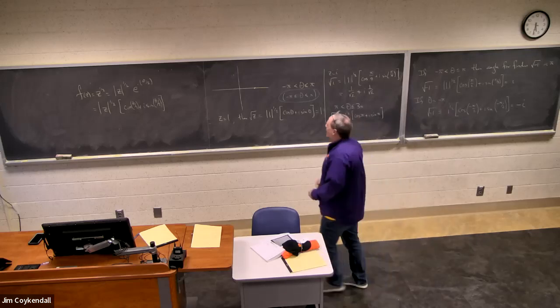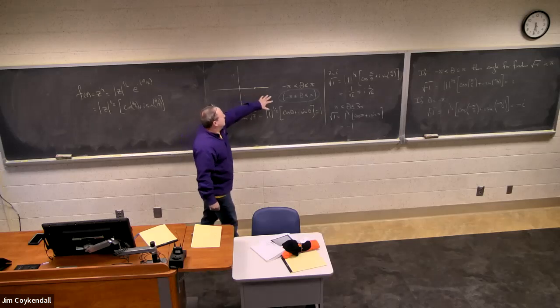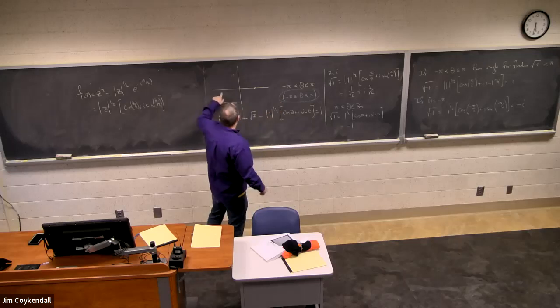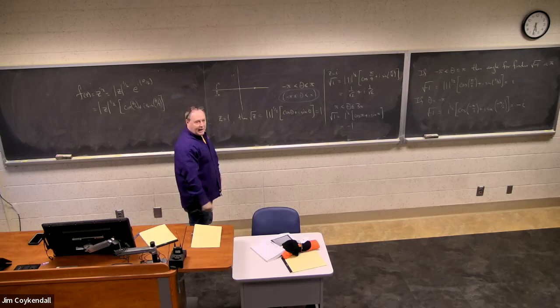This means that this is problematic. It is true that under either one of these definitions, I've defined a square root for everything. But there's a continuity problem. Because, for example, very close to here, the angle is close to negative pi, and very close to here, the angle is pi.